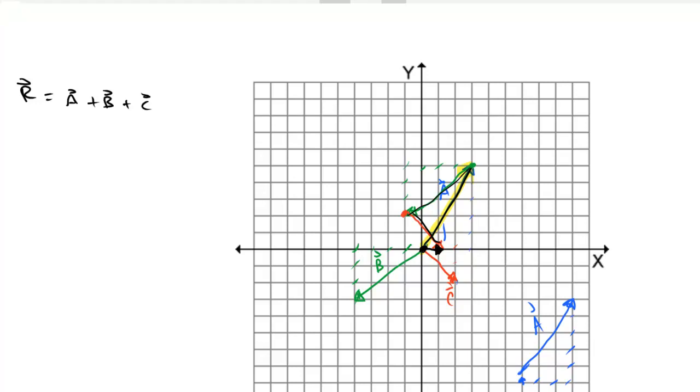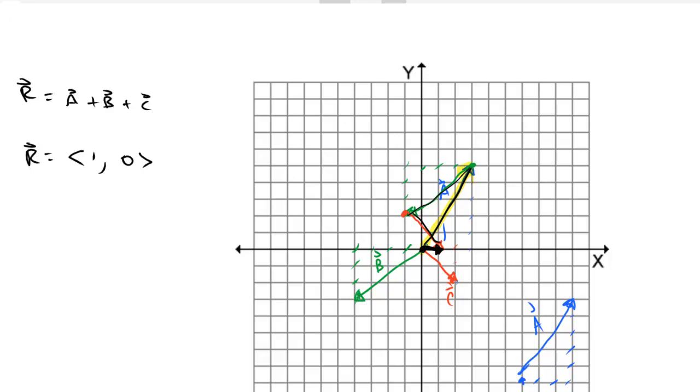It would have been the same thing as just moving over 1 unit to the right. So from our graphical sum, we could say the resultant moves over 1 in x, and it doesn't move at all in the y direction. This is our vector sum.